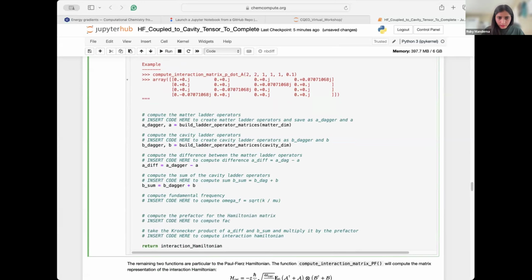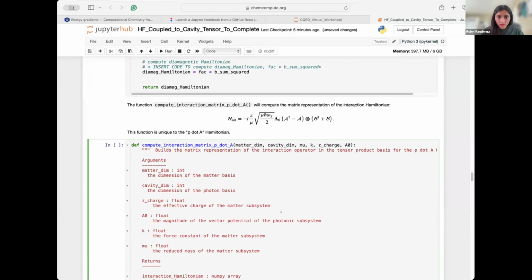We'll calculate and save it as omega underscore f, which is equal to np dot root of k divided by mu.